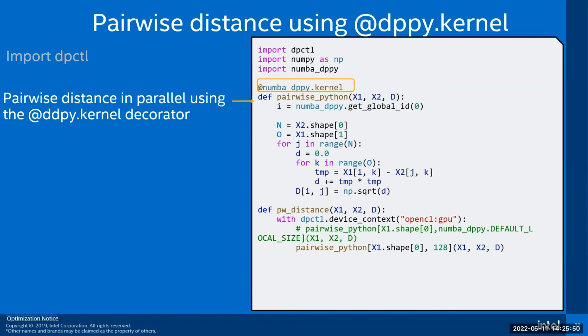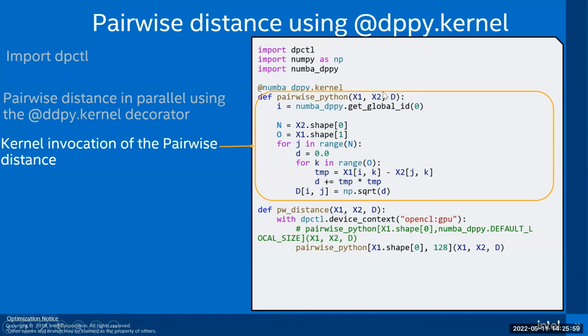X1 and X2 are the data points. X1 and X2 points are generated, and we are calculating the matrix D. And we get the global ID, which, as in OpenCL programming style, is the global ID of that element, an individual instance in the complete iteration space.